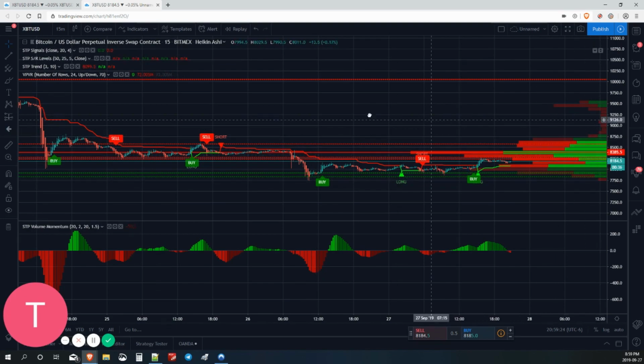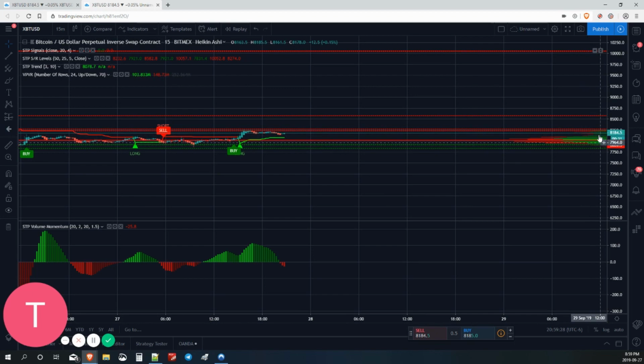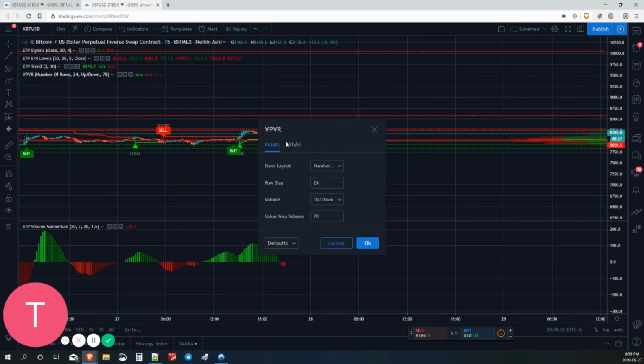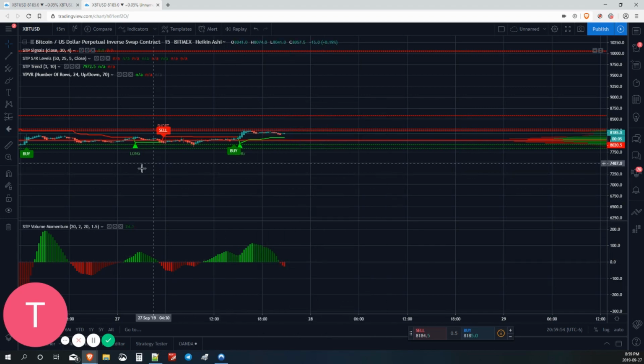So this is very helpful to know where things are at, and it's customizable as well. I've changed it so up and downs are green and red. I think they're blue and yellow by default. You can just adjust them on your chart. I actually saved this as default, so anytime I load it, I don't have to change it. So I'll leave that up to you guys, based on your preferences.